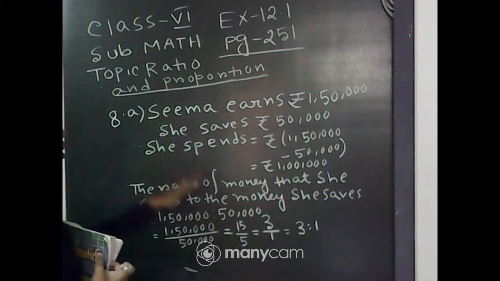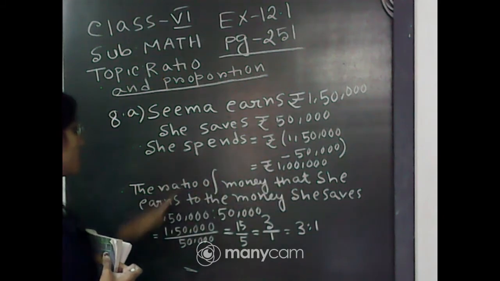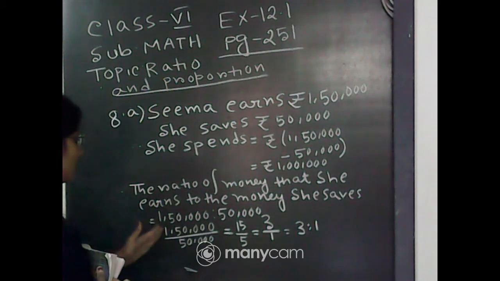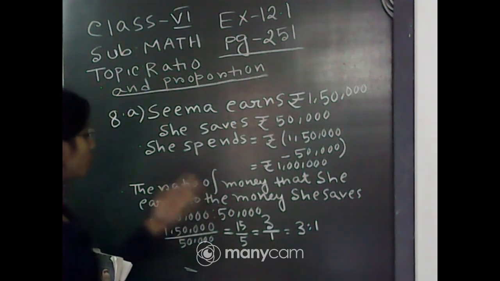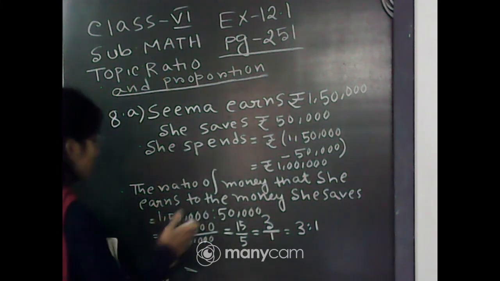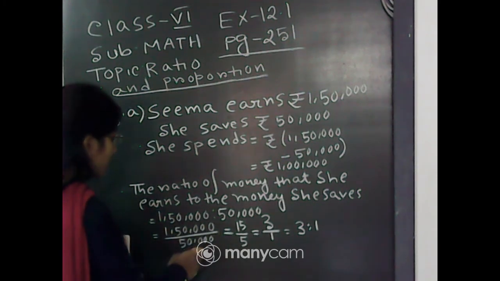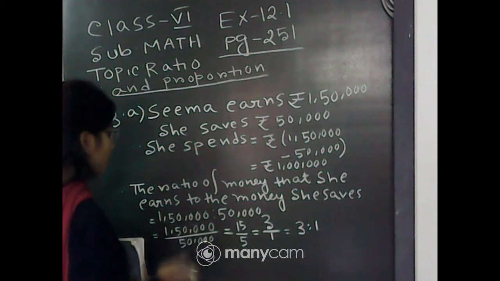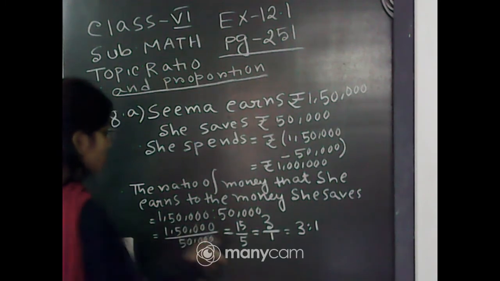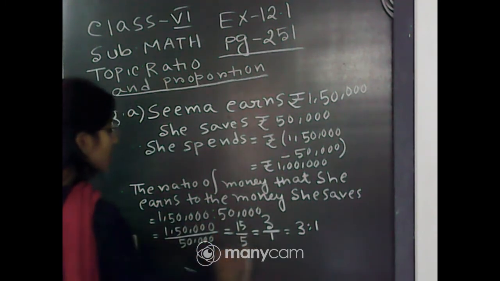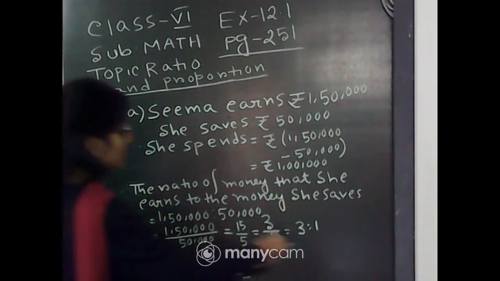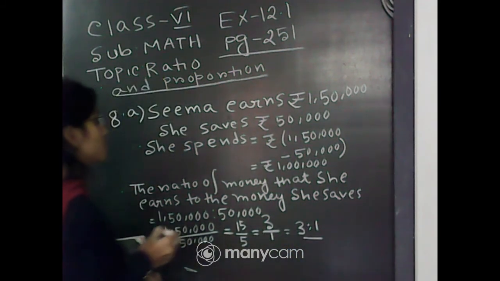Therefore, the ratio of money that she earns to the money she saves is equal to 1,50,000 is to rupees 50,000, and we can write this as 1,50,000 divided by 50,000. Now we divide both the numerator and the denominator by 10,000 and we get 15 divided by 5. Again we divide both by 5 and we get the required ratio is 3:1.